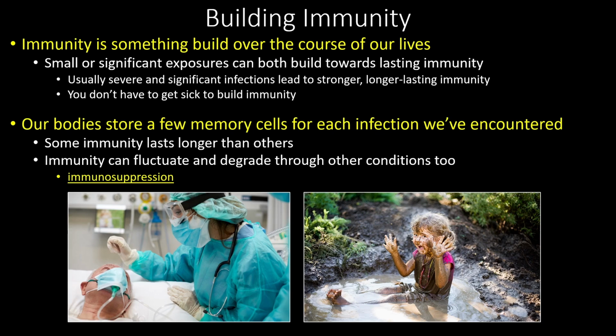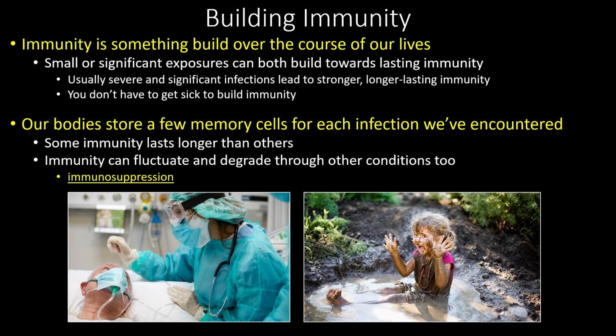That doesn't mean that those cells live forever or that the immunity lasts forever. Immunity can wane, and some immunity lasts longer than others. Sometimes the intensity of an infection or the significance of an immune response can influence the length of that immune memory.